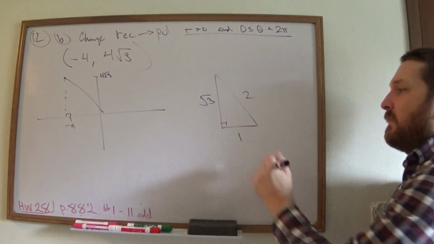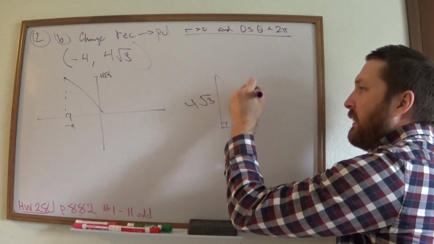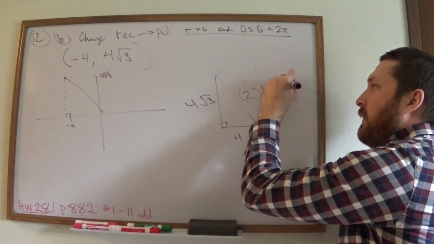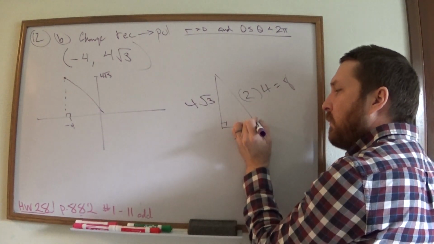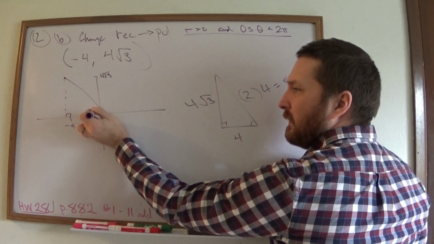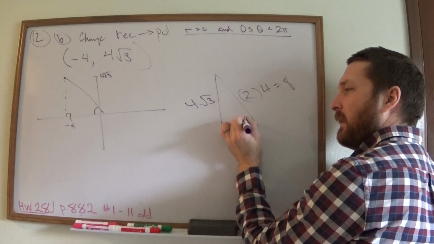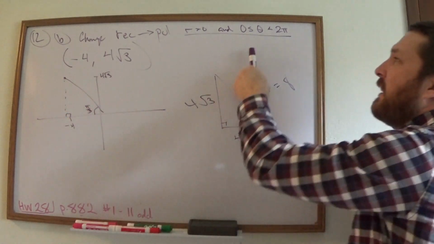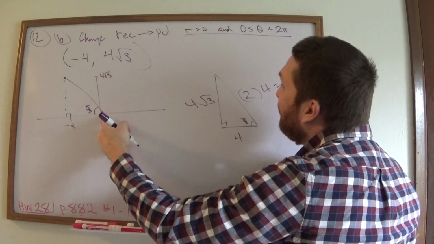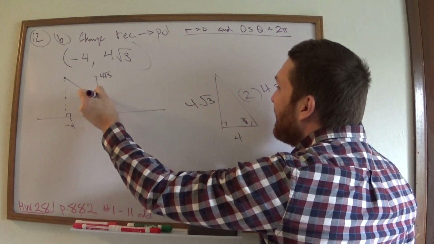So what do I need to multiply this by to turn it into that? 4. If I multiply everybody through by 4, I get 8. Now, what's this angle right here? Pi over 3. But that's not the angle we want. We want this one right here.